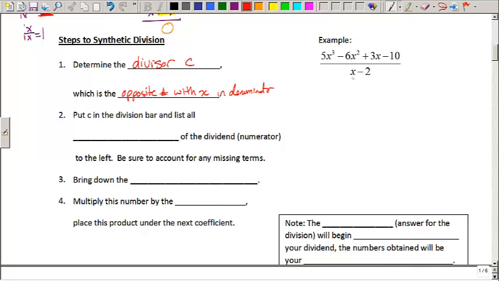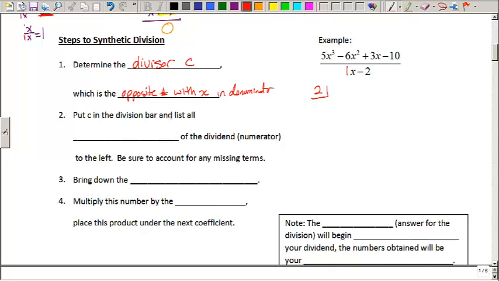Okay, so looking at this, we have a linear term here, leading coefficient of 1, so this does classify as a synthetic division problem. My divisor, or my c, will be the opposite of the number in the divisor that's with the x. So my divisor is going to be 2, and I'm going to put that in the little division bar, which is step 2.